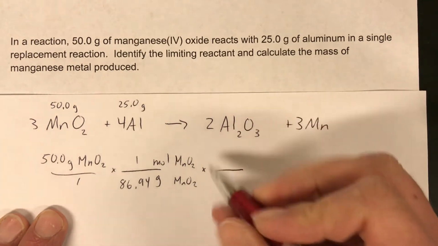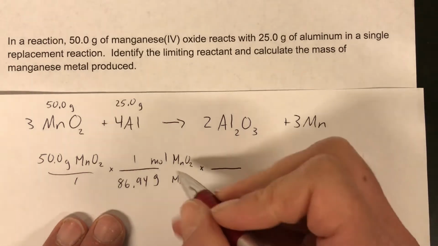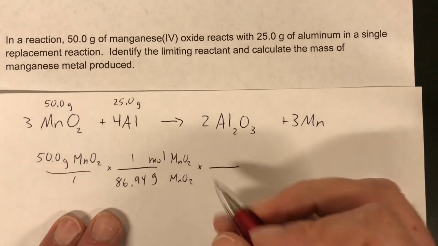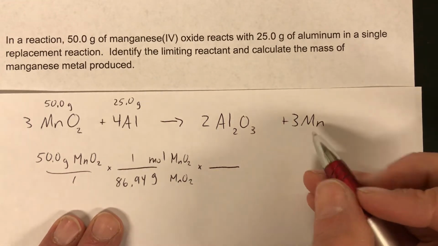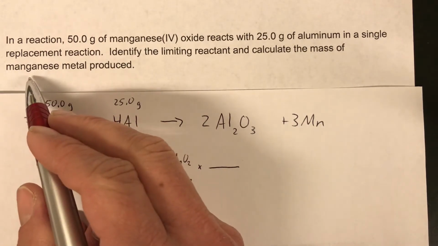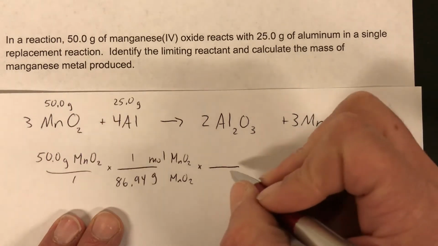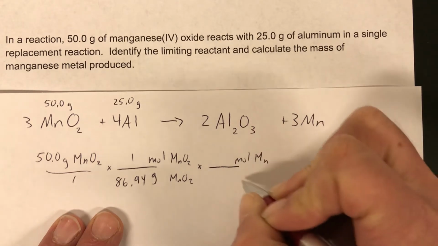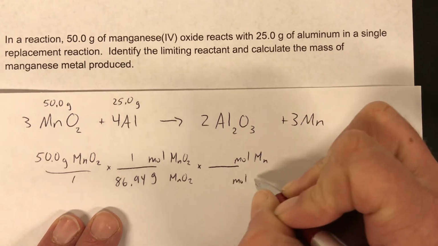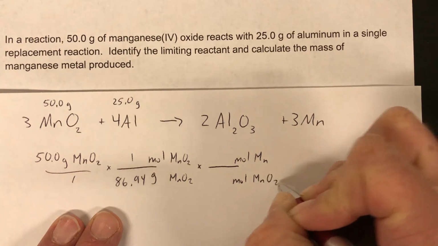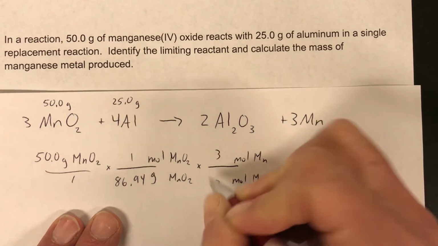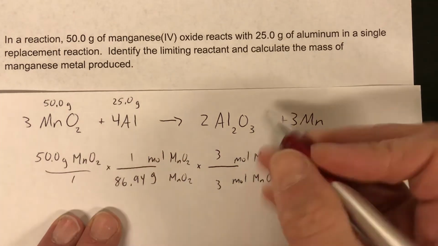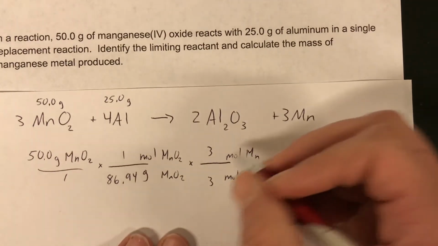Then we go from moles of manganese 4 oxide, and let's figure out how much manganese is produced, because that's what we want to know, the mass of the manganese produced. So use the mole ratio. They both have coefficients of 3, so it's a 3:3 or 1:1 ratio.